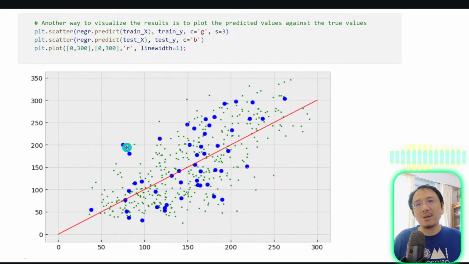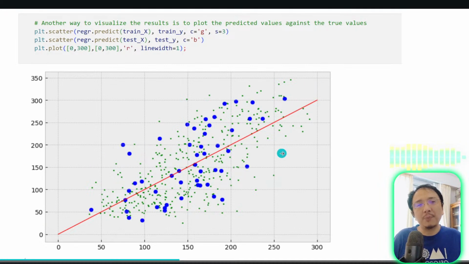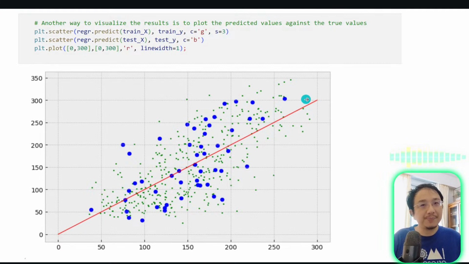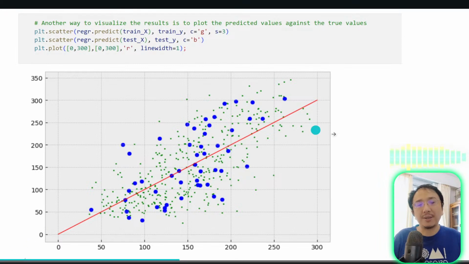This one is also the same. The prediction is like 70 and the actual value is 200. But all other values are pretty spot on because they are very close to the red line. And overall, they seem to have a pretty good trend, from bottom left to the upper right.